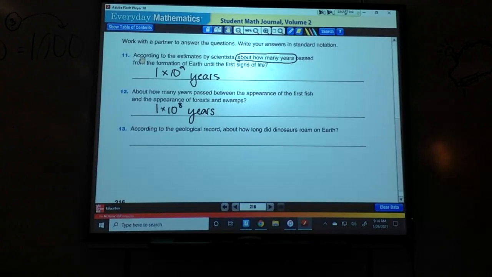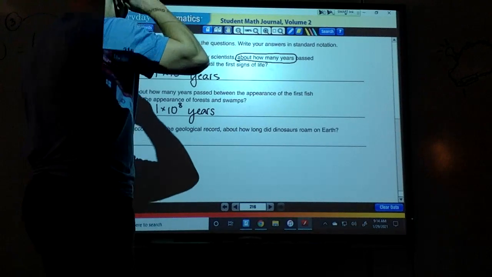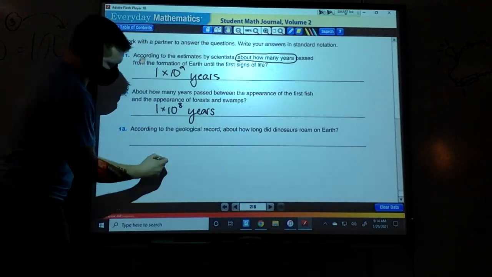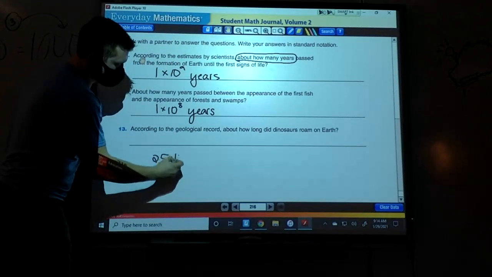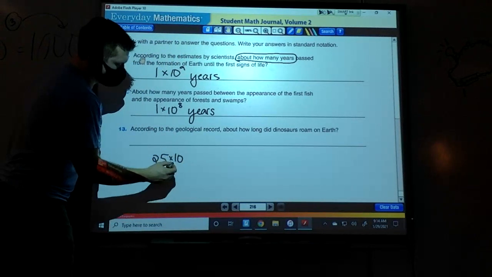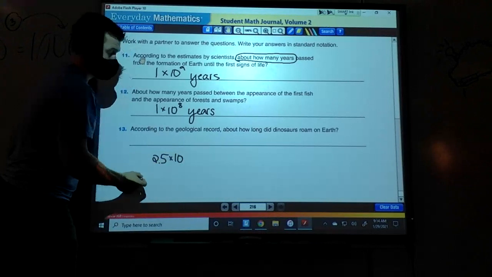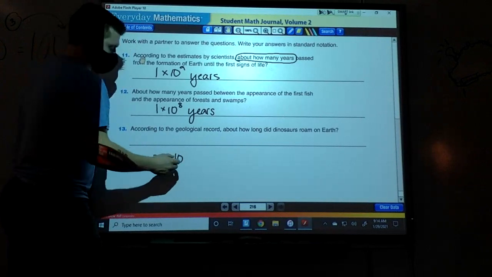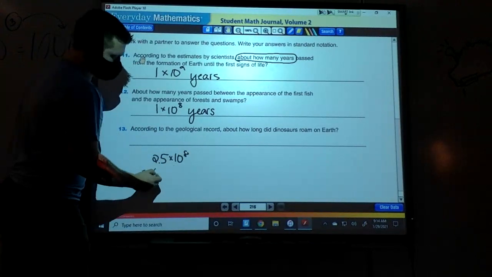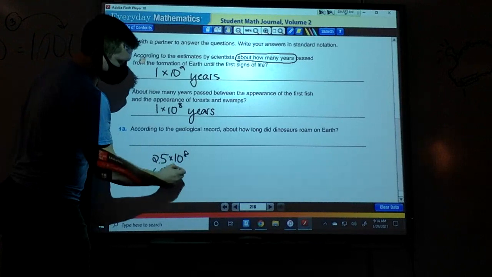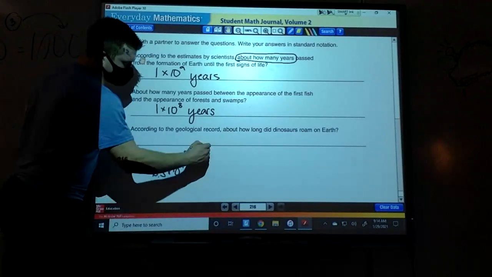If you look on your 215, 216, we can just pretend that these are a subtraction problem and then just subtract. Okay? So it's 2.5 times 10 to the what? 6.5. 2.5 times 10 to the 8th power. Okay, so 8 minus 6. 5 times 10 to the 7.